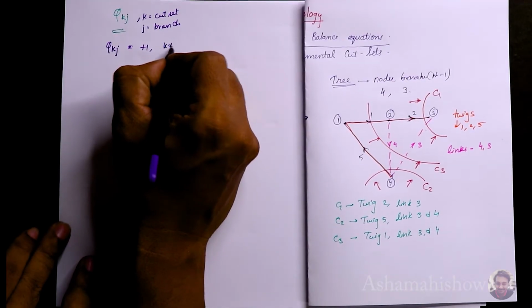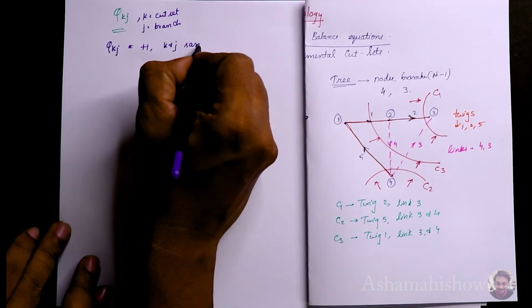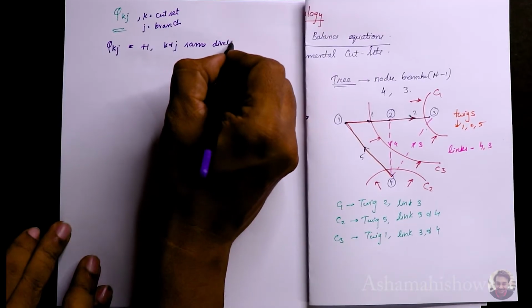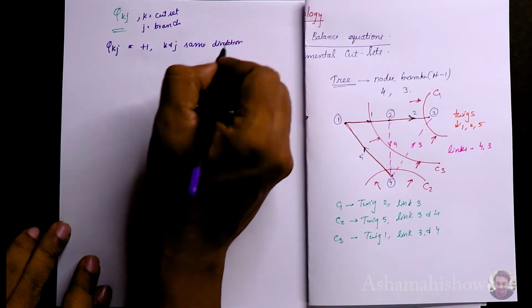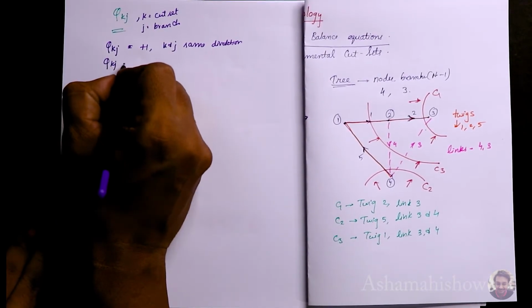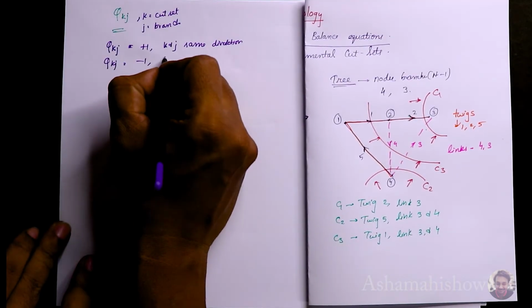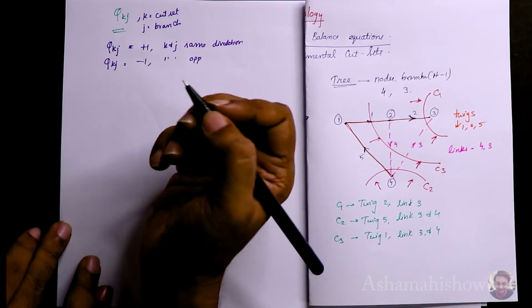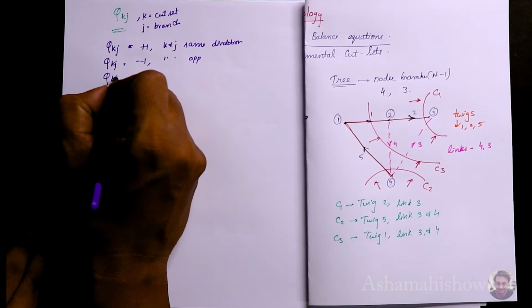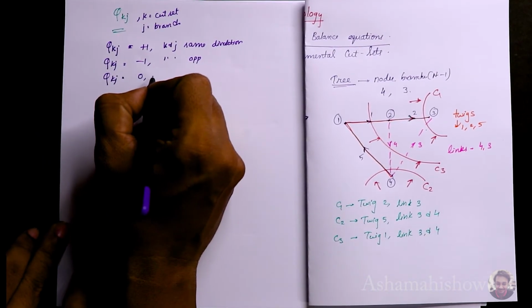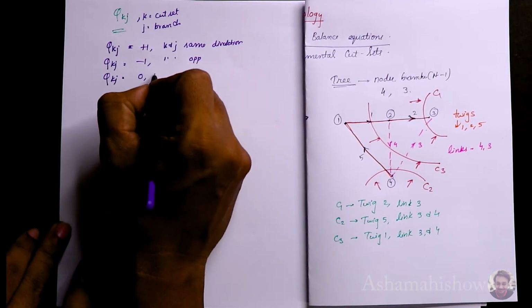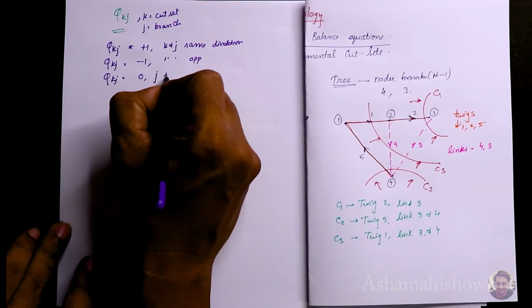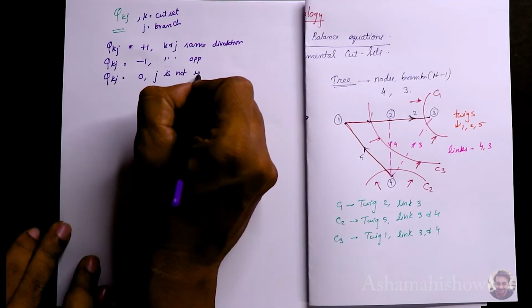QKJ is equal to minus 1 when K and J are in opposite direction. It is similar to the tie set. And QKJ is equal to 0 when your branch J is not in the cut set.